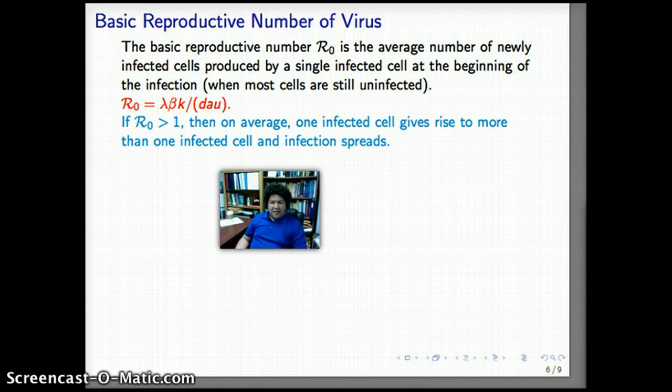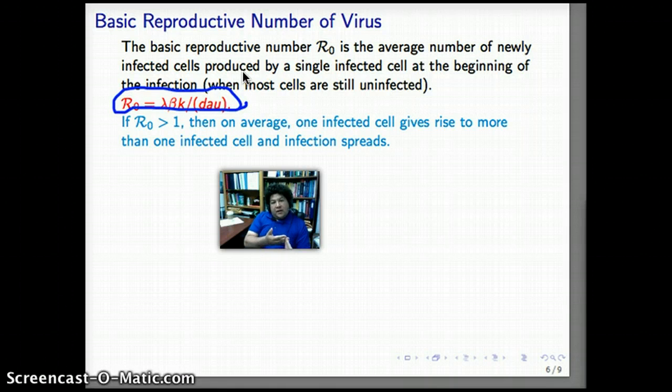And for this basic model, the expression of R0 is what we have here in red. It involves lambda, beta, and k in the numerator, and d, a, and u in the denominator.